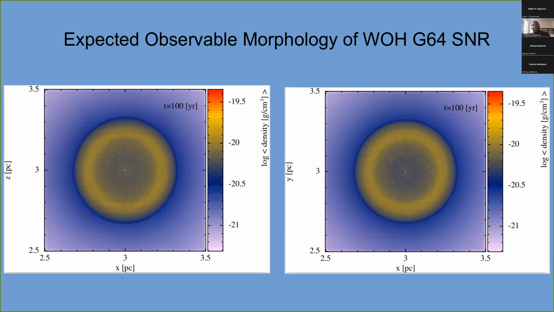And here we do the projection plot along the z-axis, and this is taking the column density along the z-axis and then projecting it to see how this would be observable in terms of the emission that's coming out of it.